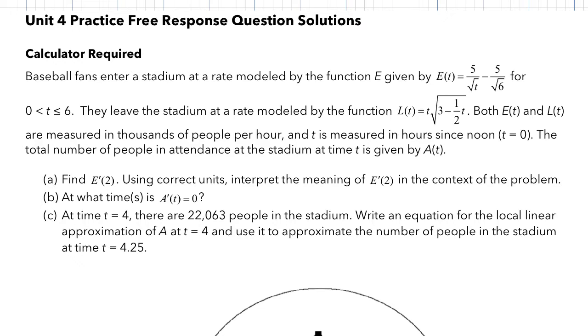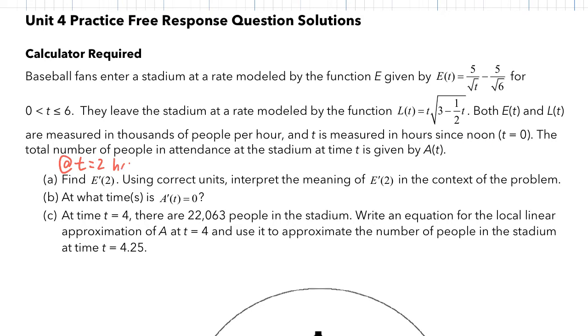So let me write out what I would say is the cookie cutter for that. I'll write right here. So I would say at time t equals 2, what is t measured in? Hours since noon.